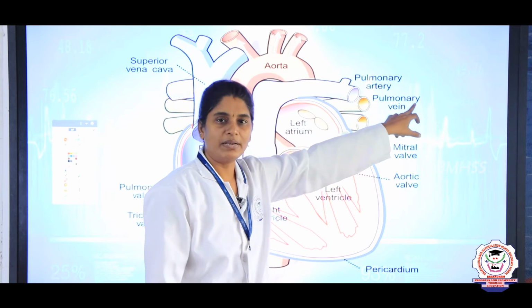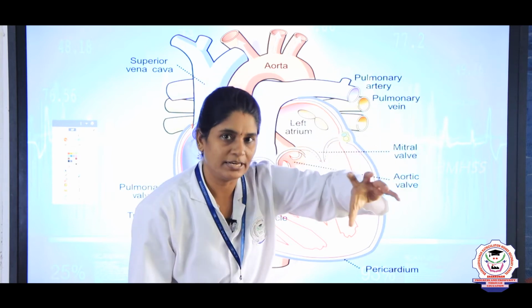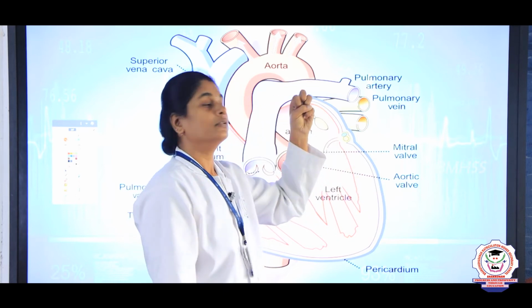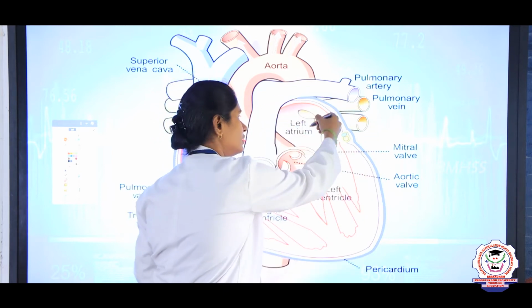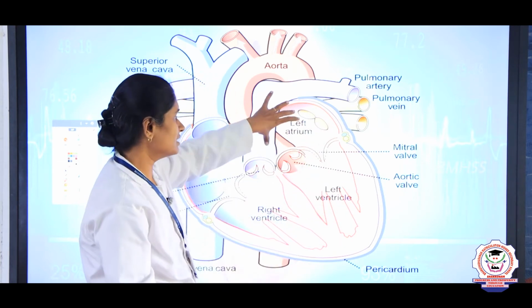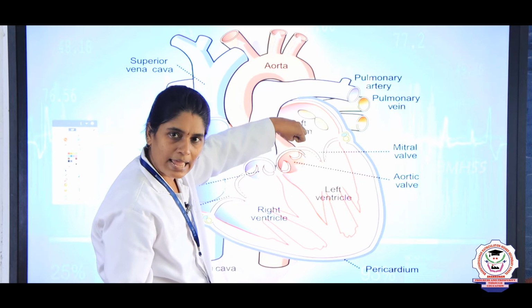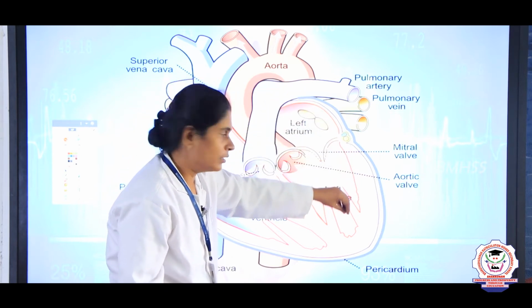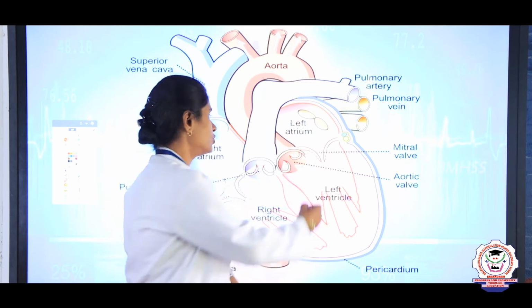With the help of the pulmonary vein, the oxygenated blood is collected from the lungs, and the pulmonary vein pours the blood into the left atrium, and when this left atrium contracts, the blood is poured into the left ventricle.